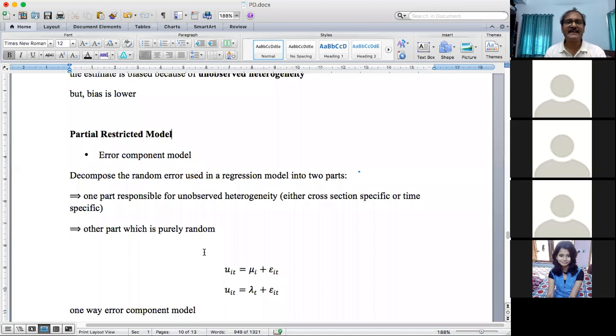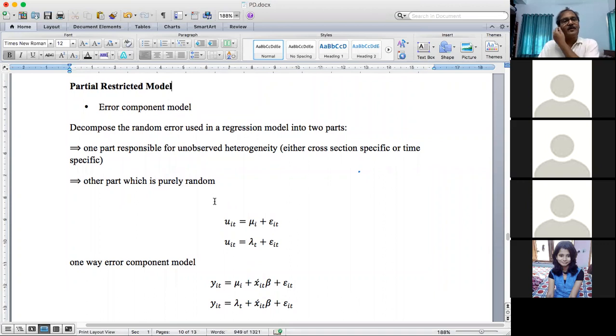One source is heterogeneity across the cross-section units. Each cross-section unit is heterogeneous. The second one, the data set is heterogeneous over time. That is, the data you have at different points of time are different. So if we consider this kind of heterogeneity separately, we have an error component model.